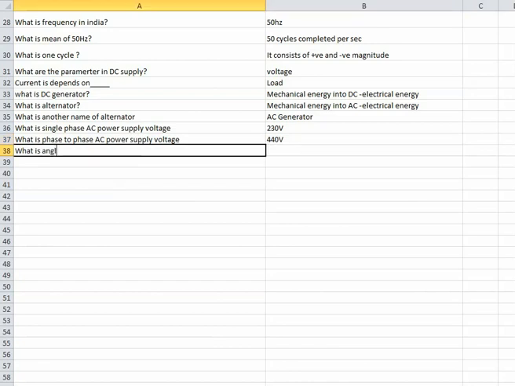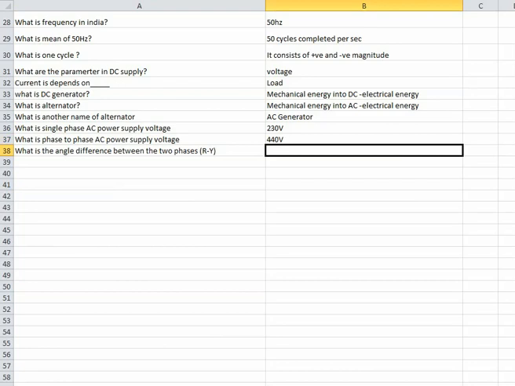Okay, what is the angle difference between the two phases, for example R phase to Y phase? 120 degree.